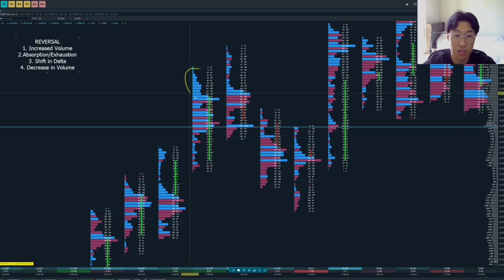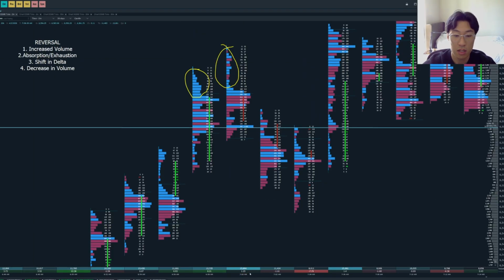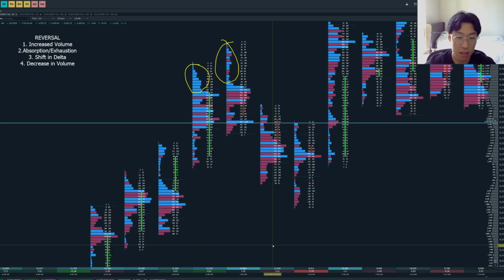This area actually does show forms of exhaustion. We look for a shift in delta. So when I say shift in delta, I look for from positive to negative or negative to positive. Since we are trying to take a reversal to the downside, we need to see negative, right? We need to see selling strength, which is negative delta.